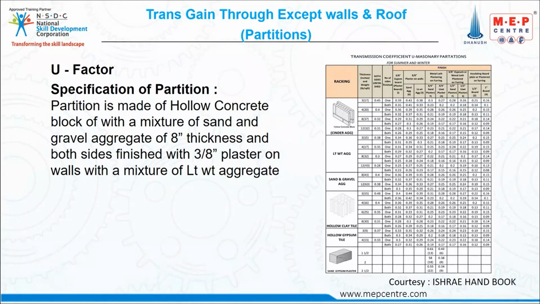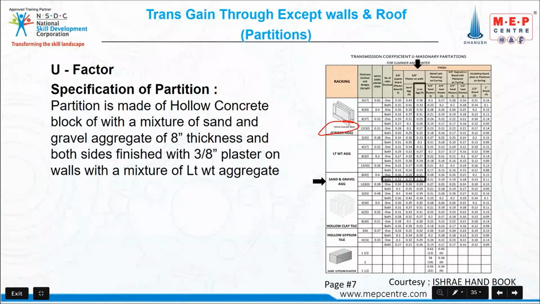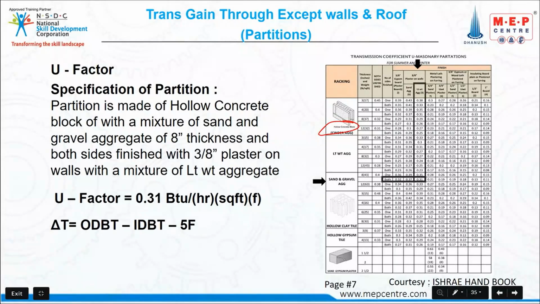So from page number 7, this is hollow concrete block with a mixture of sand and gravel aggregate of 8-inch thickness, 3 by 8-inch plaster, both sides finished with lightweight aggregate. So this is 0.31. U factor is 0.31.